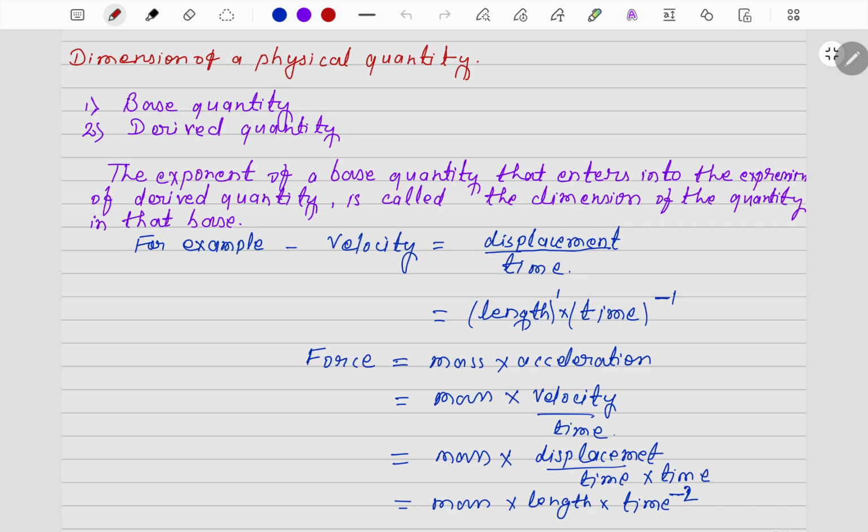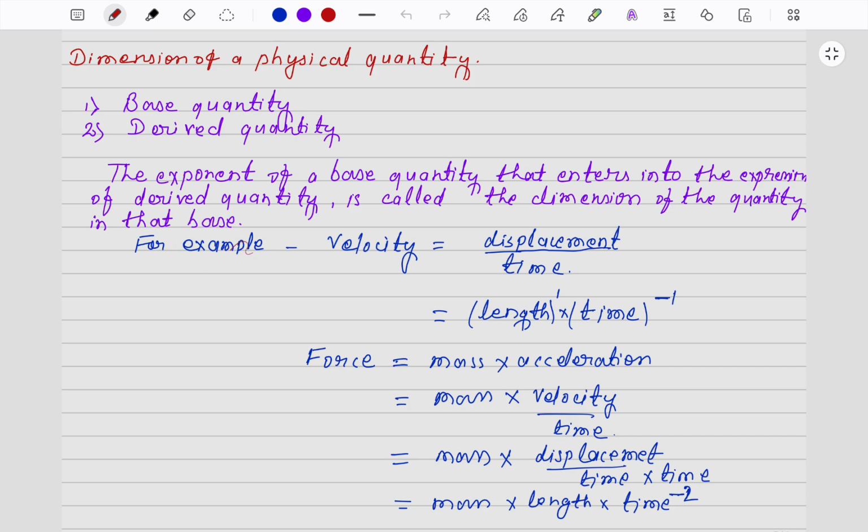So actually the definition is: the exponent of a base quantity that enters into the expression of a derived quantity is called the dimension of the quantity in that base.